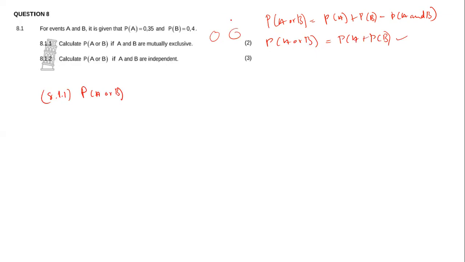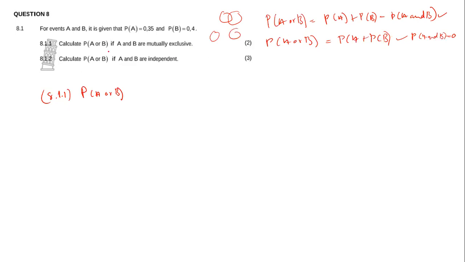But when the events have an intersection, the intersection is the probability of A and B. So when events are inclusive, not mutually exclusive, we subtract our intersection, which is a certain numerical value. Here the intersection is not 0, but where events are exclusive, probability of A and B equals 0, and therefore we use this formula.